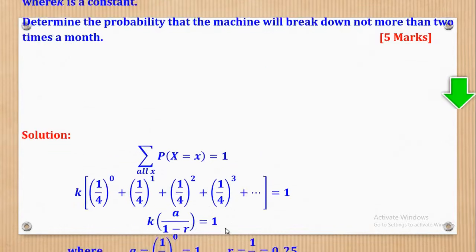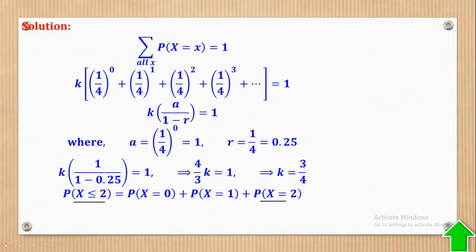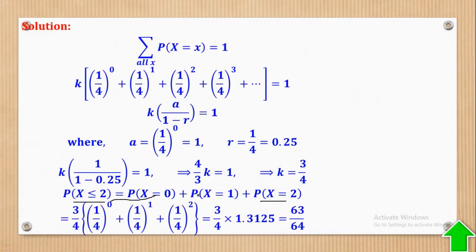So you get the probability for x equal to 0, x equal to 1, and x equal to 2. When I substitute, the outcome will be this, and the answer will be 63 over 64. So basically that's what they wanted.